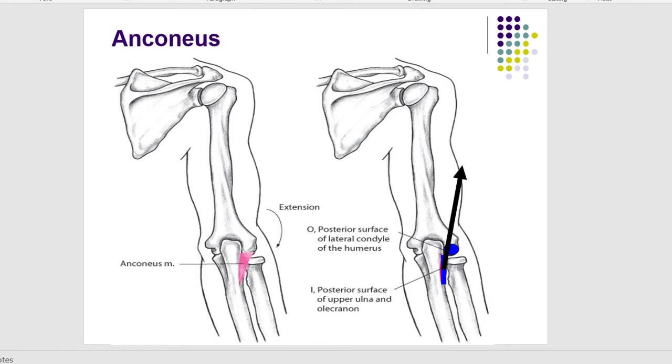Brachioradialis could be considered, but when it is in supine or prone position, it becomes a stabilizer of the elbow. Its contraction has a very small effect in elbow flexion in these positions.